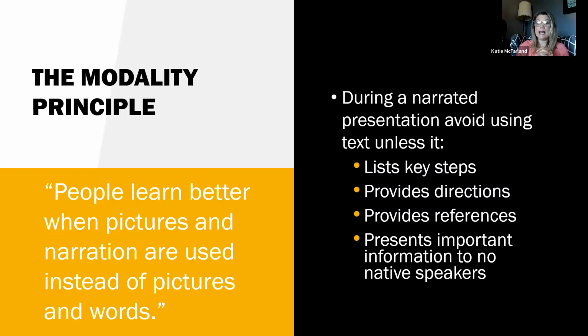It is helpful for non-native speakers to have that text, think of it like closed captions, or for people who are hearing impaired also. That text is helpful for them, but for our general learners, it is not helpful and it's just adding too much information to try to process at one time.